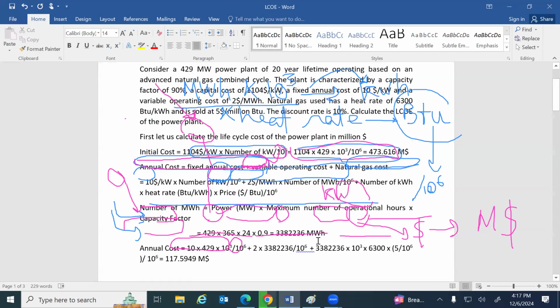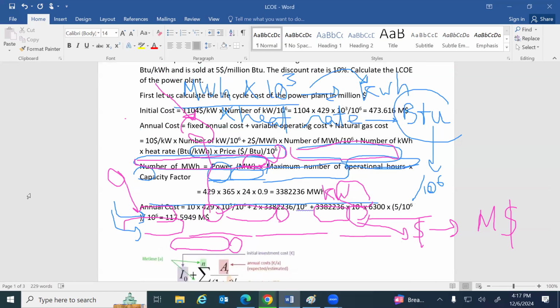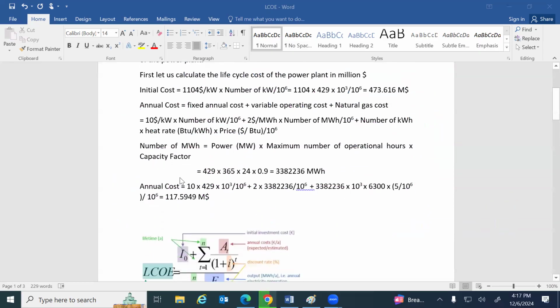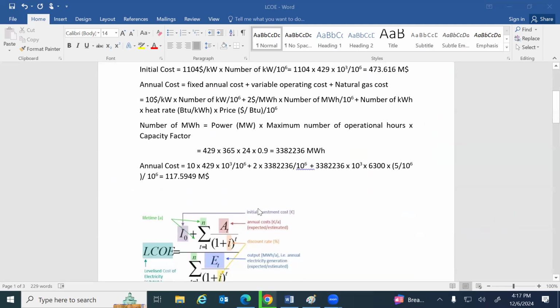Okay. So now we just have to replace, and we get the total annual cost equal to $117.5949 million.